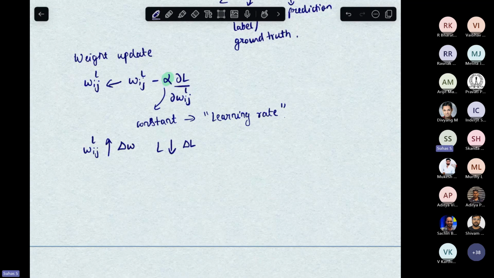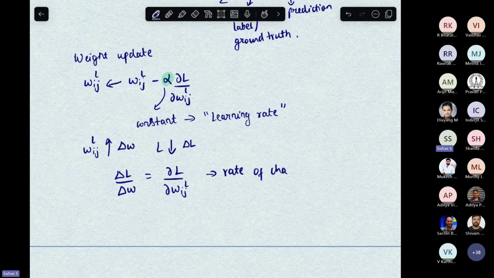That loss is delta L. We want to see the rate of change of the loss with respect to the weights, which is nothing but the derivative of the loss with respect to the weight. So this is the rate of change of loss with respect to weight Wij in the layer L.